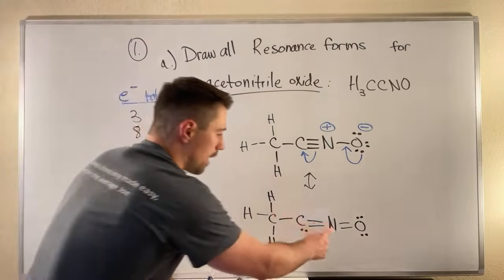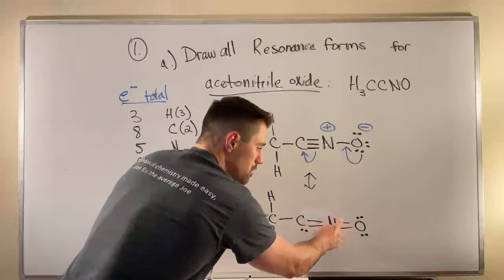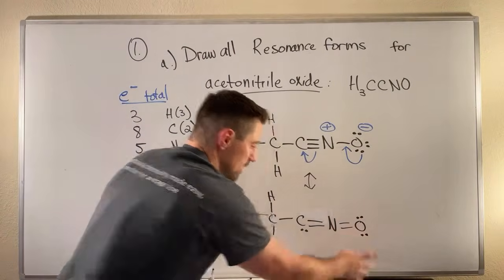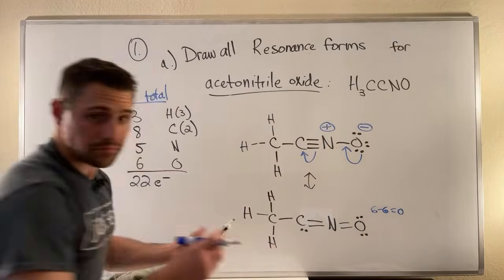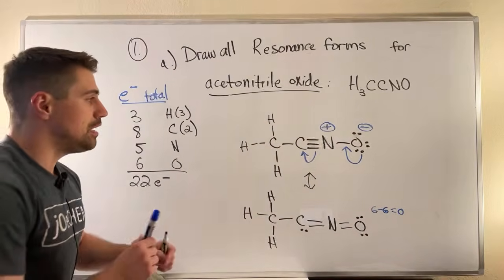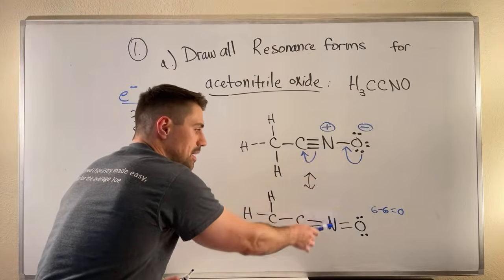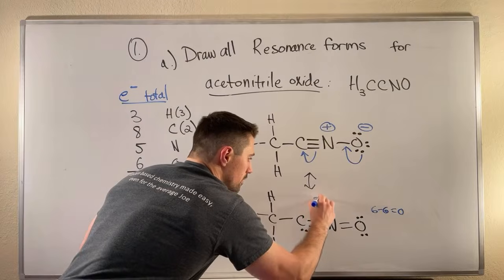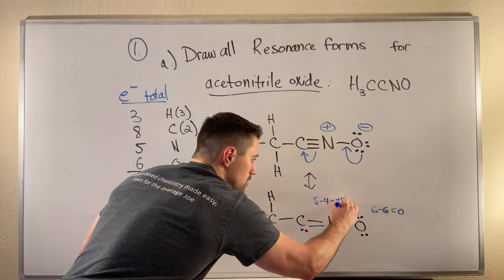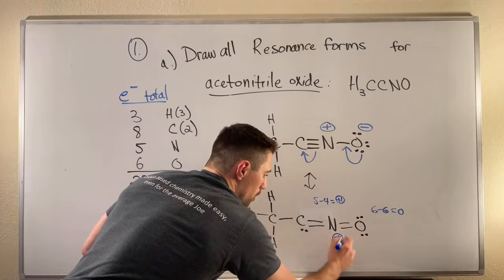If I look here now, oxygen is in control of 1, 2, 3, 4, 5, 6 electrons. So 6 minus 6 is 0. Oxygen's neutral. If you can see, nitrogen's actually in the same position as it was above. 1, 2, 3, 4. 5 minus 4, plus 1. So nitrogen has a +1 formal charge.